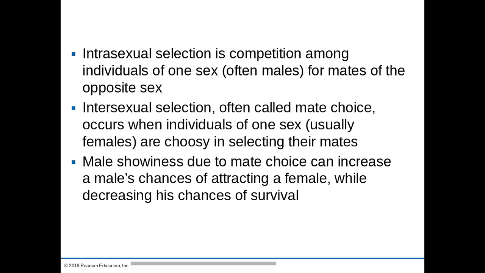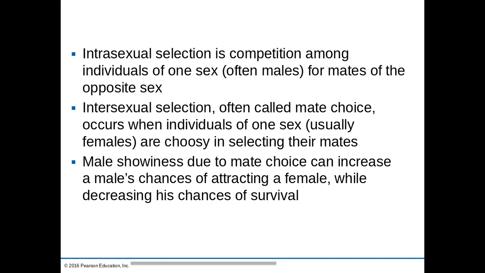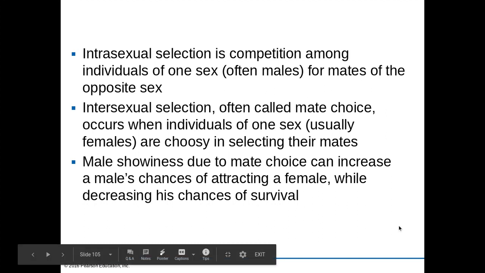And in this case, when species exhibit intersexual selection, we see a lot of male showiness developing, because when they're more showy, they're more likely to attract a female, because the female associates these traits with being healthy and being able to give her lots of babies. But this showiness and attractiveness, like that big flashy peacock, may decrease his own chances of survival. So he has to pass his genes on quickly.